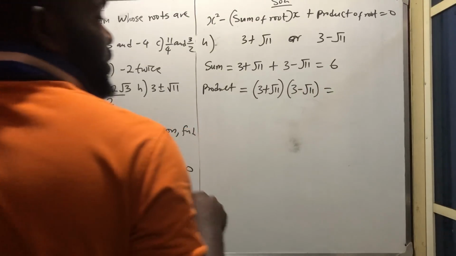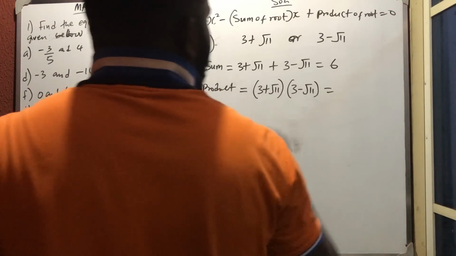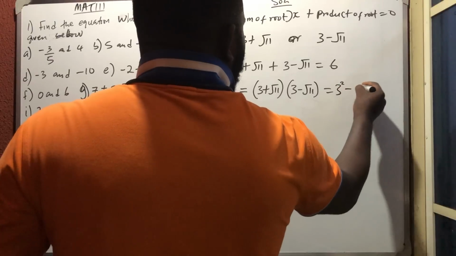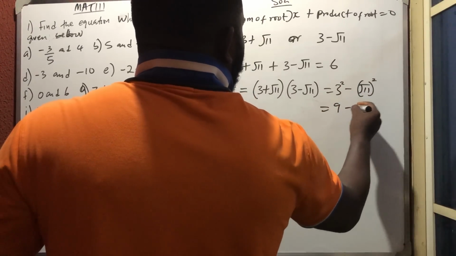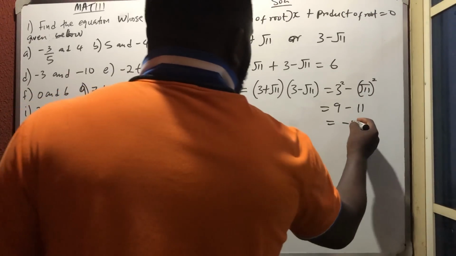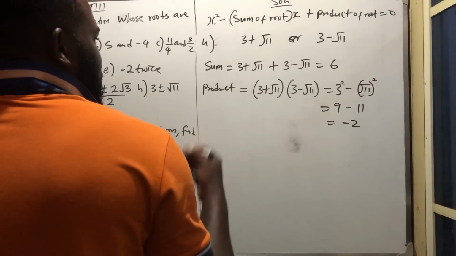Okay, so this is a difference of two squares, or you can just do that 3 will multiply everything and this one multiply everything, but I know that it's a difference of two squares, so 3 squared minus root 11 squared, which will give you 9 minus 11, which will give you minus 2. So I've gotten the sum and the product. So what do we do now?